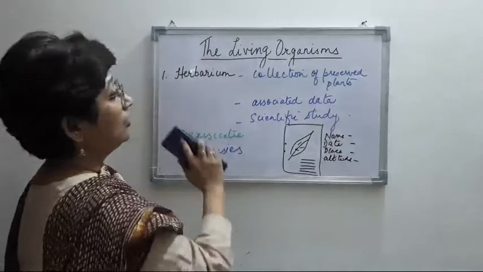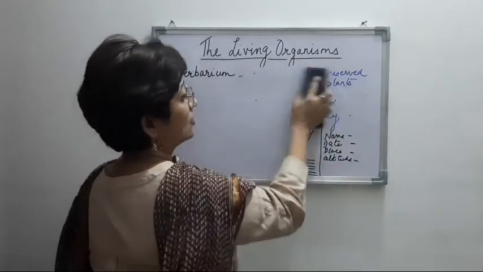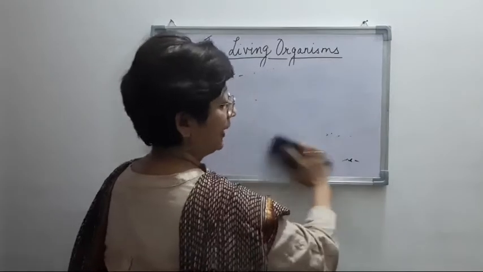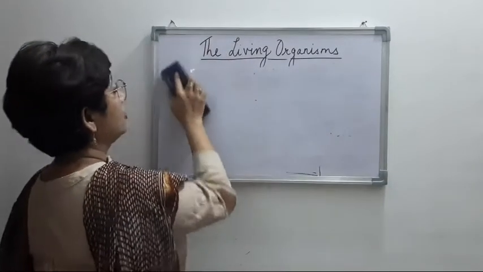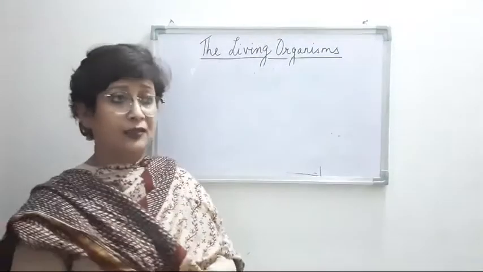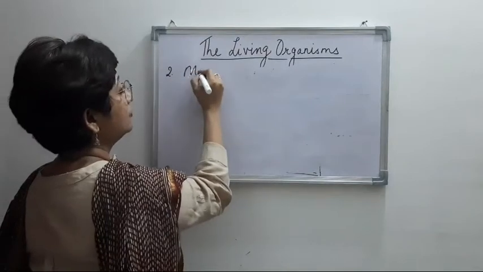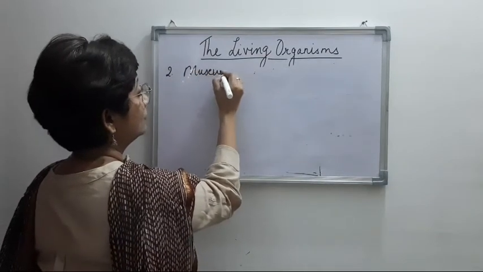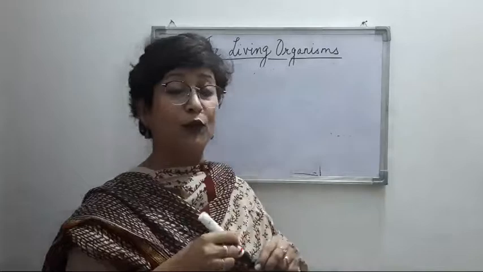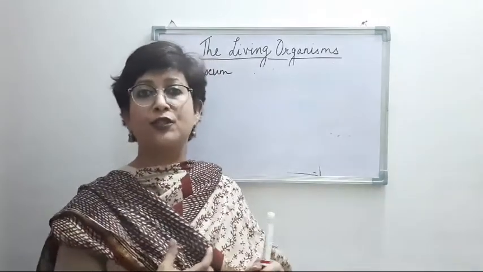The next dead specimen taxonomical aid that we will talk about, the second one, again belonging to the dead category, is the museum. I'm sure you must have been to museums and seen organisms, or historical museums.